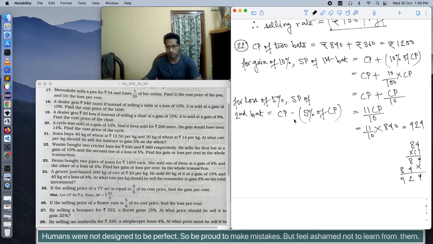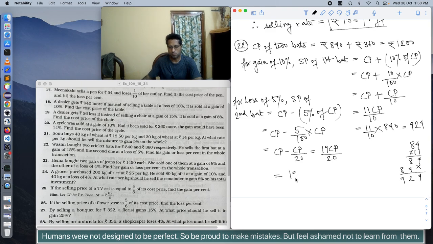In this case, CP is the cost price of the second bat, which is 360. Now this is CP minus 5 by 100 multiplied by CP, which is CP minus CP by 20, equal to 19 CP by 20.